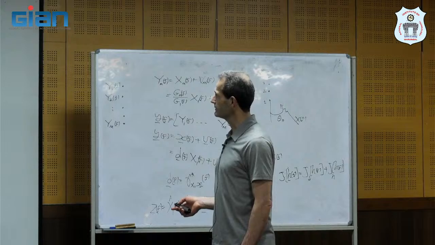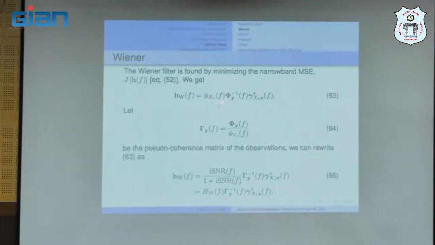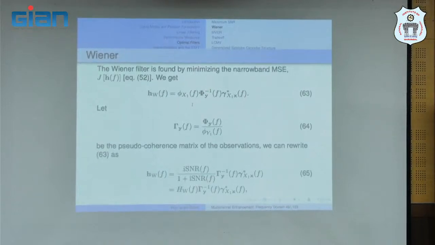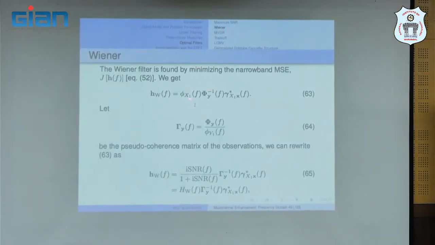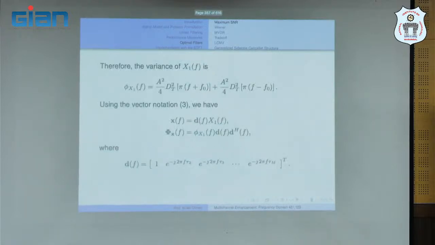Okay, and then you see that it looks like this. So I want to compare it to the maximum SNR. First I want to show whether this Wiener filter also maximizes the signal to noise ratio, the narrowband output SNR, not the broadband output SNR.